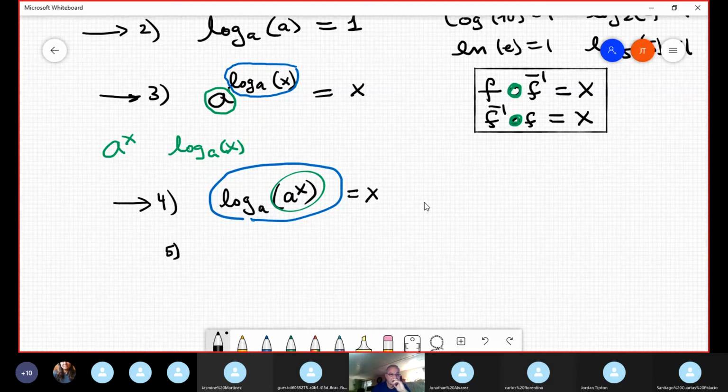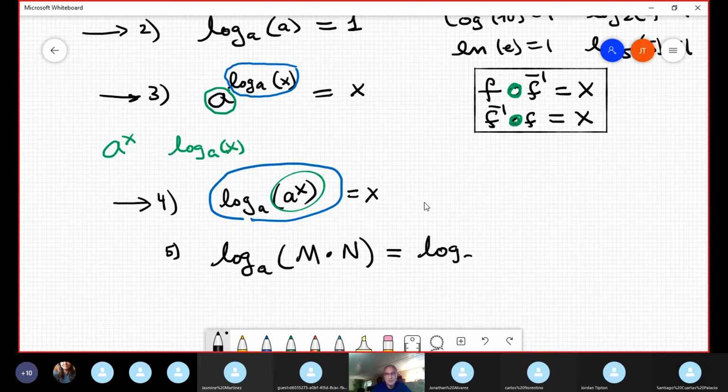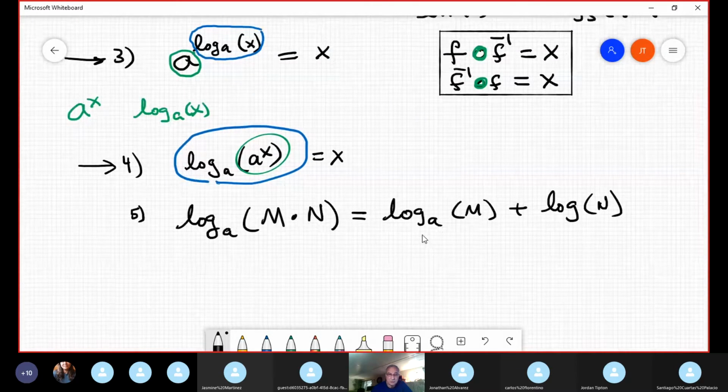It's important. The logarithm of a multiplication of two expressions, m times n, is equal to the logarithm of m plus the logarithm of n. M times n is two algebraic expressions, and you apply logarithm to this multiplication, you can separate it like that. Logarithm is magic because it converts product to sum.